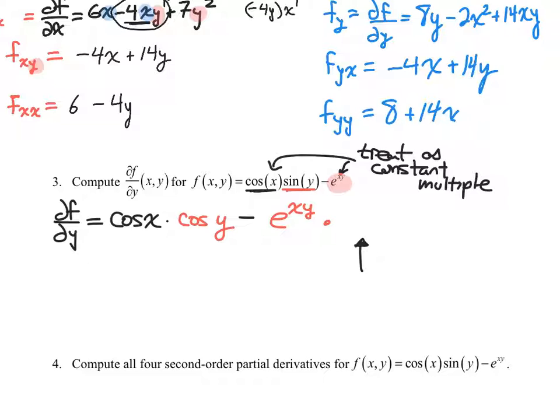It's really saying d/dy of just xy. So x is the constant multiple. We're treating it as if it were like a 2. So yeah, you're right, it is going to be x. I'm just going to pop that in there.